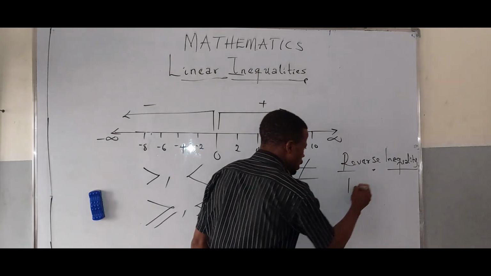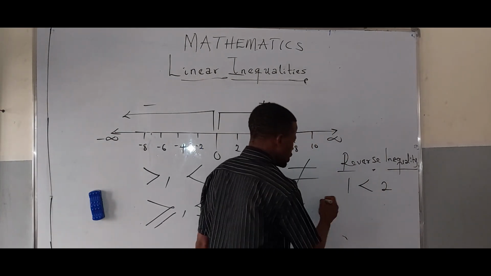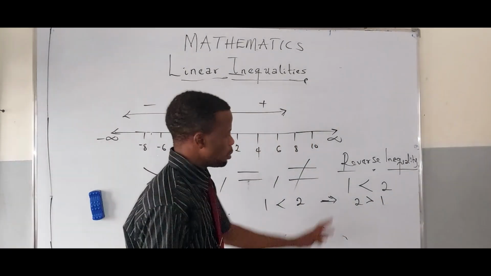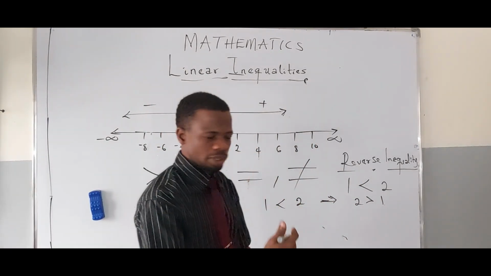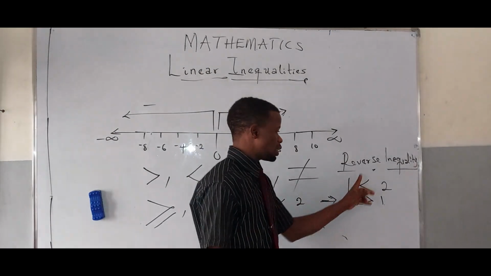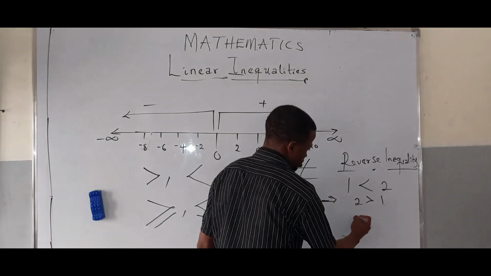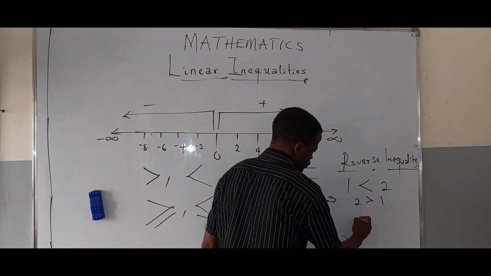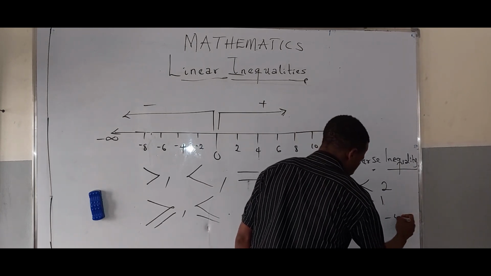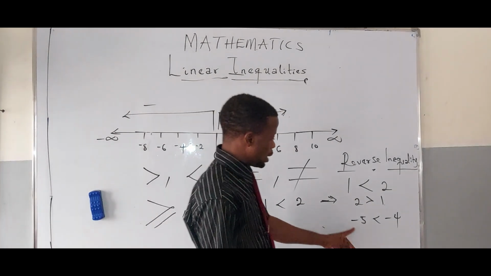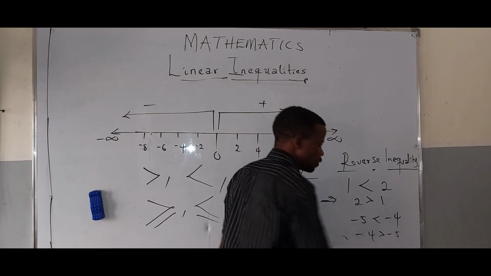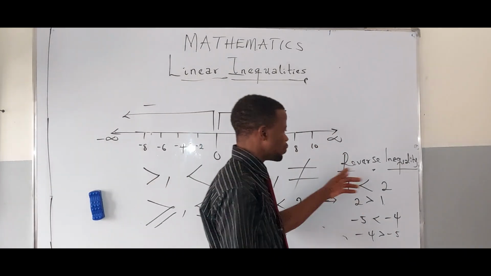If 1 is less than 2, it implies that 2 is greater than 1. That means we have a flip of it. So if you have minus 5 less than minus 4, of course we know minus 5 is less than minus 4, so we can say minus 4 is greater than minus 5. This is what applies to reverse inequality.